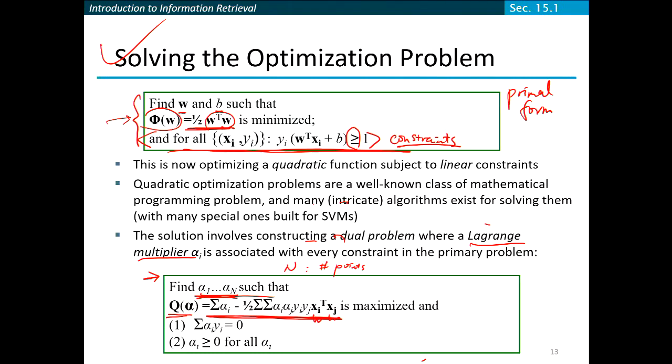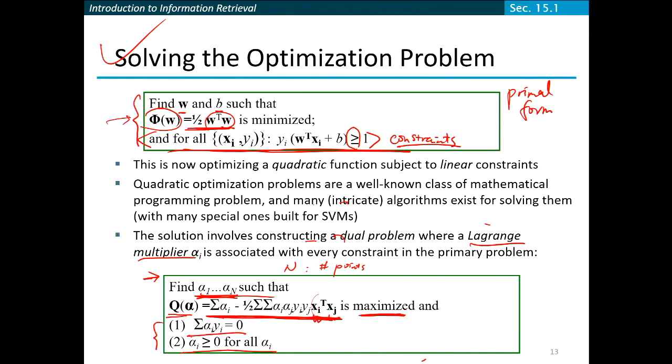If you expand it, it's going to have a lot of cross terms, like xi k, xj k, and so on and so forth. So if you treat each component of x as a variable, it's going to be a quadratic function. This just shows you that the objective function is quadratic, and now you want to maximize the function.